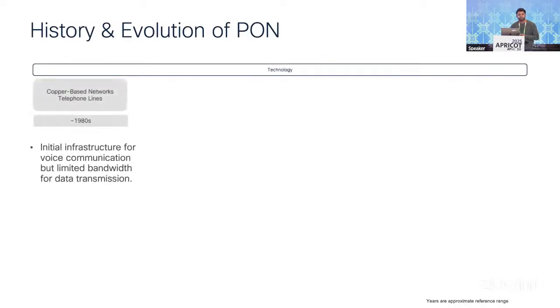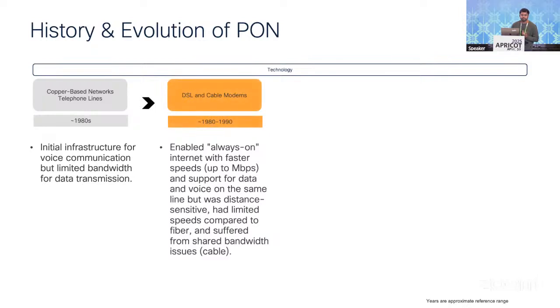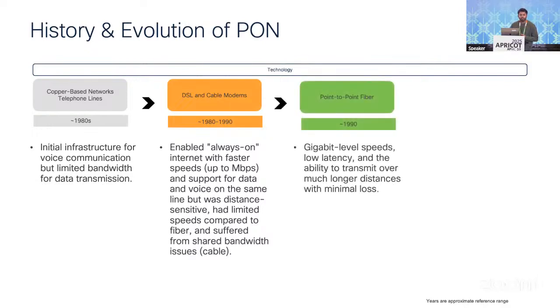Initially, we had copper-based network lines back in the 1980s, which were the initial systems. Then we moved towards DSL and cable modems, which got us to slightly higher data transmission speeds. Then we moved to point-to-point fiber, which allowed us to reach gigabit levels.